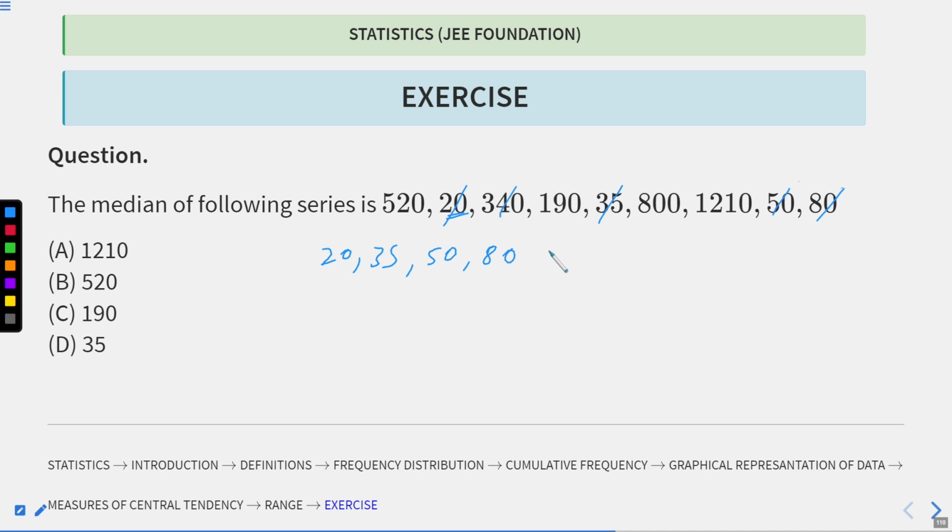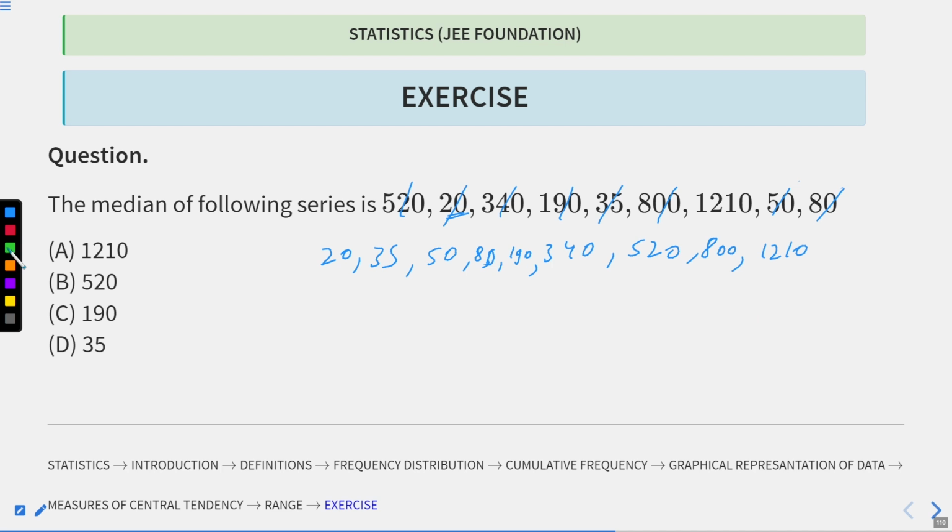Then 190 is also there. So 80 and 190, and then 340, and then 520, and then 800, and then 1210.